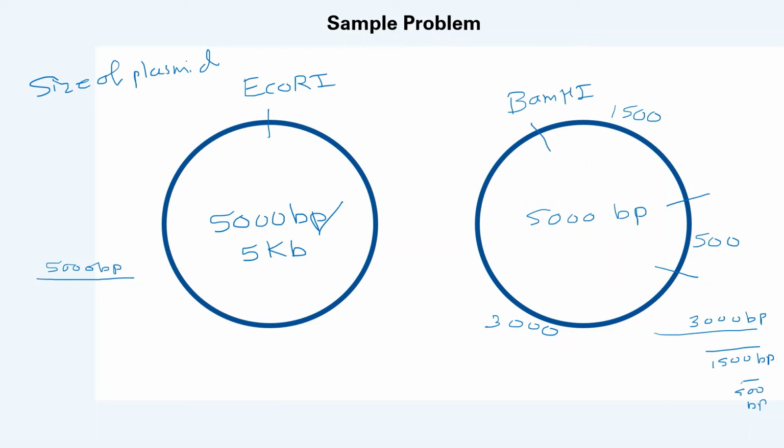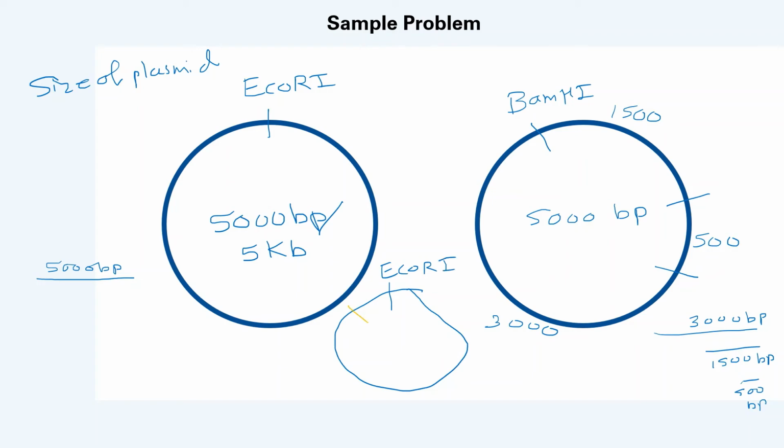And then for the orientation purpose, to verify the orientation of the gene of interest, you cannot use just one enzyme. So you will have to use 2 enzymes. So what you can do is you can have a plasmid and cut it with EcoR1. And then say you're cutting with BamH1.